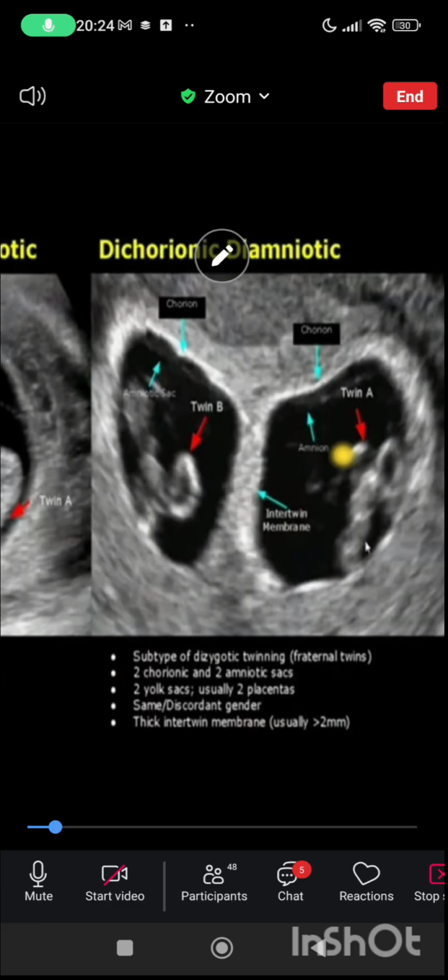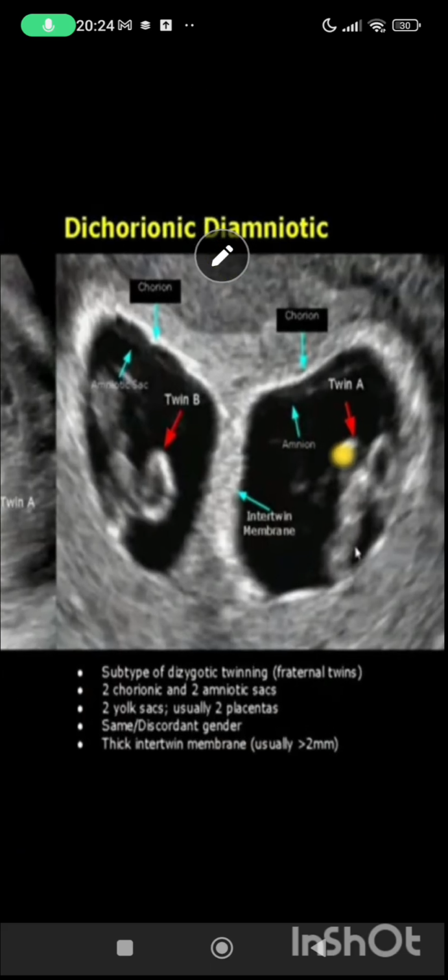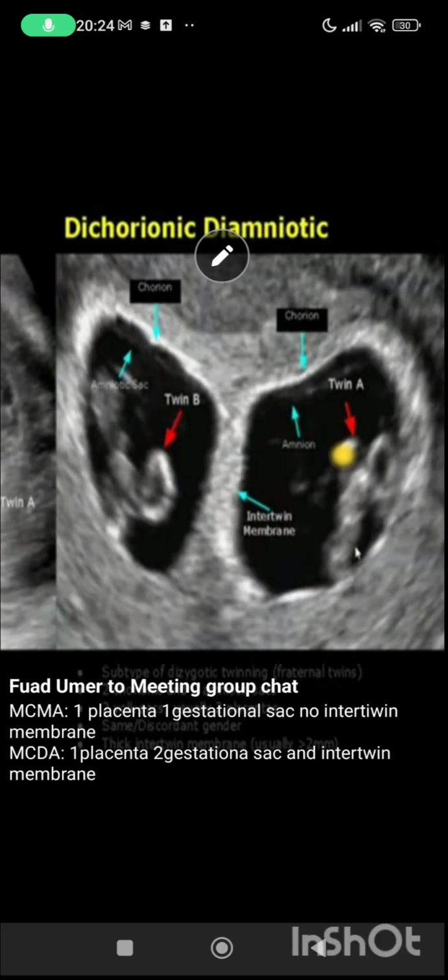Okay, now here we can see dichorionic and diamniotic. Now what are the features of dichorionic and diamniotic? There are two gestational sacs and two placentas. Yes.